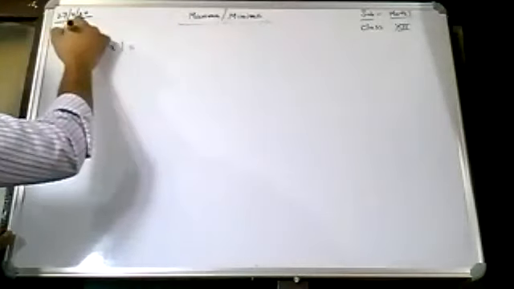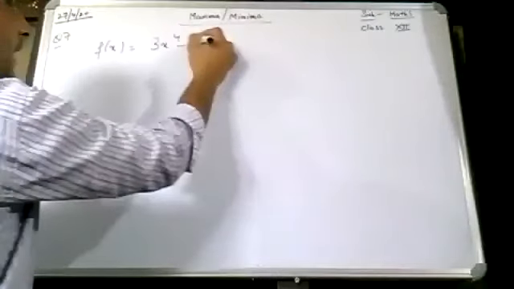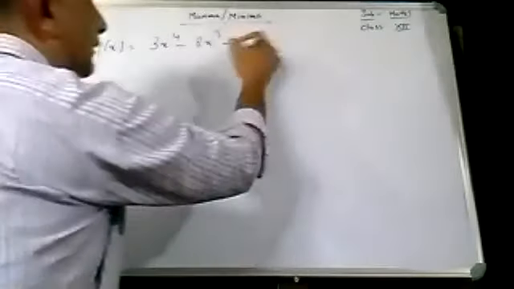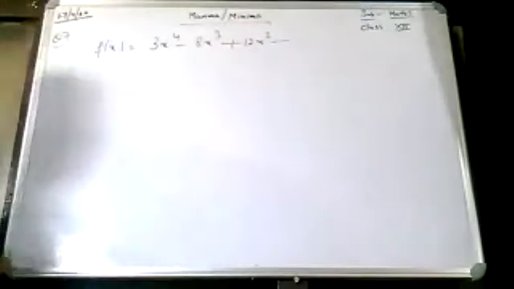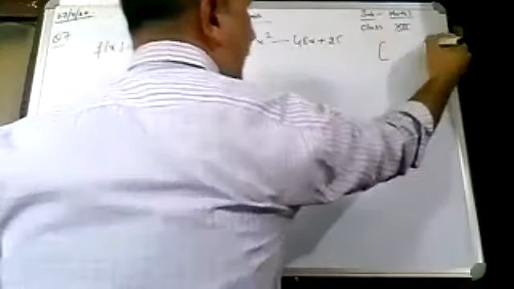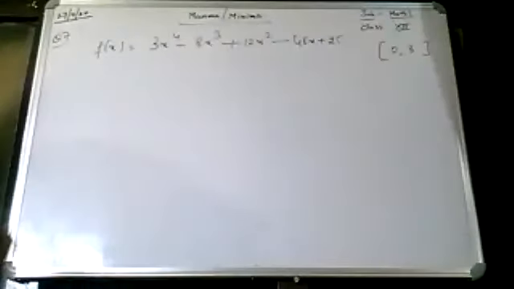Question number 7 है. f of x is equal to 3x^4 minus 8x^3 plus 12x^2 minus 48x plus 25 defined in the interval [0, 3]. Always here it is a closed interval because the boundary points are included.